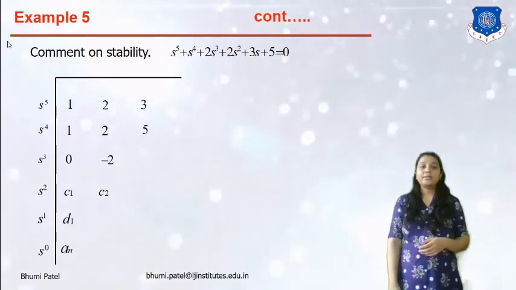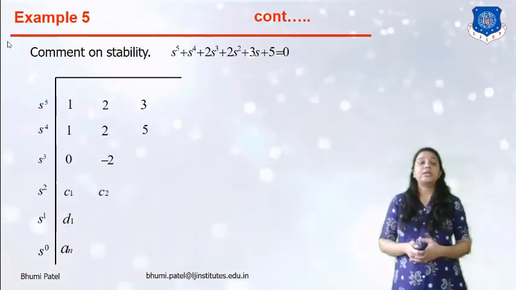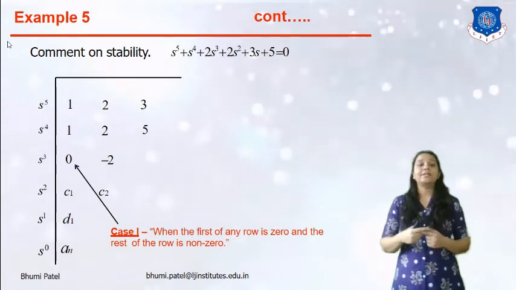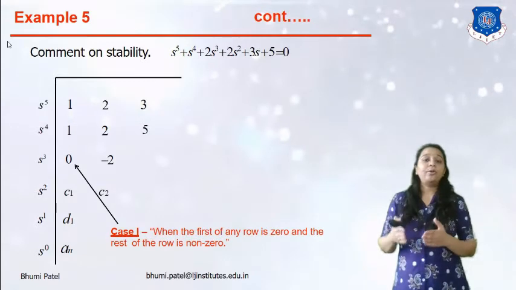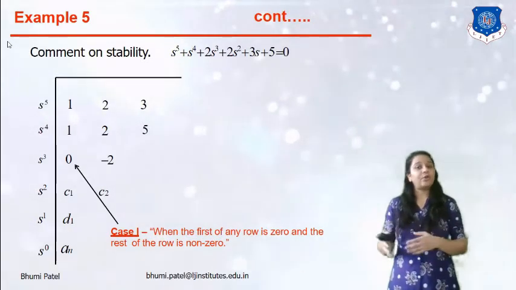So here you can see that in the first column we get b1 equal to 0. This is case number 1 for stability, when the first element of any row is 0 and the rest of the row is non-zero.